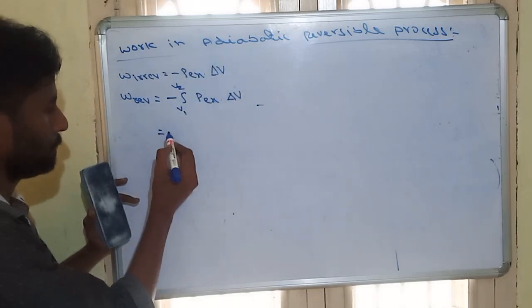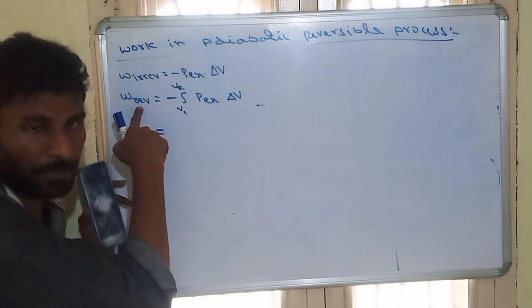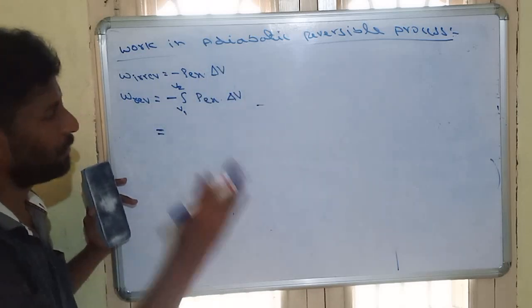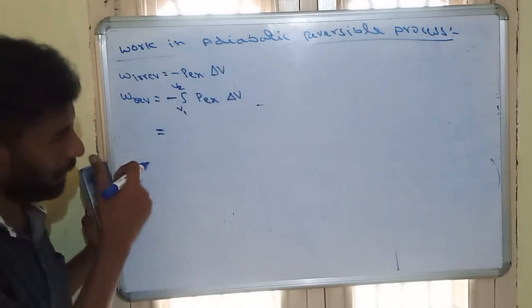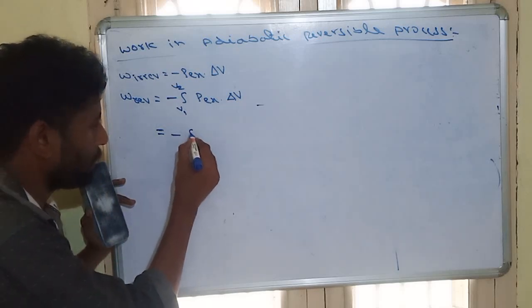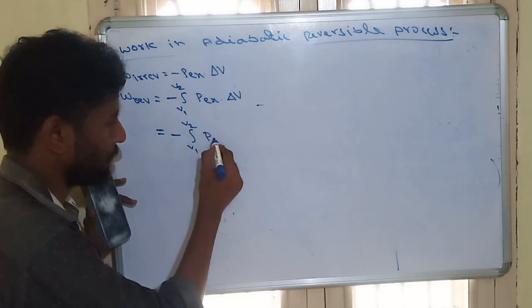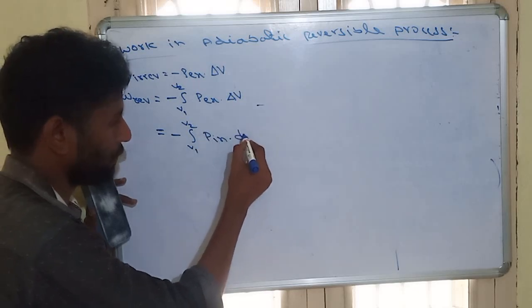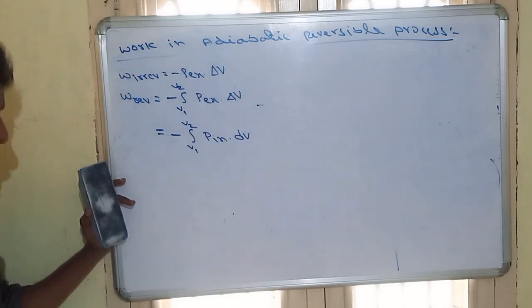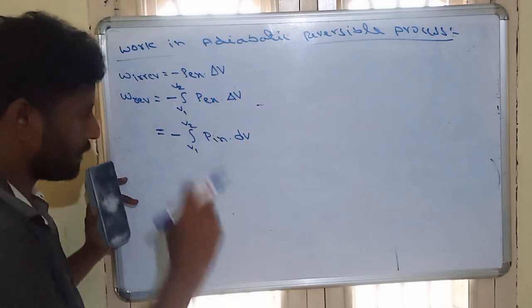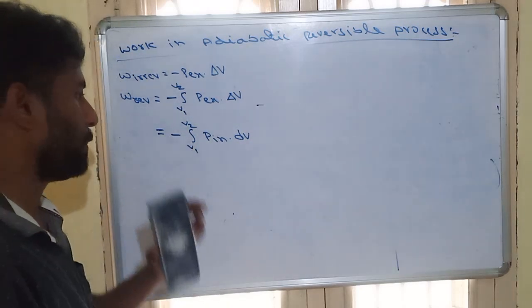And for a reversible process, the change is very small, so external and internal pressure are nearly equal, so this will be integration from V1 to V2 of internal pressure into dV. Now here this is the pressure of the gas, the internal pressure.